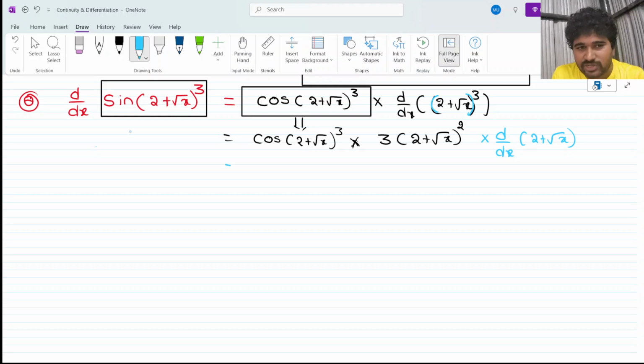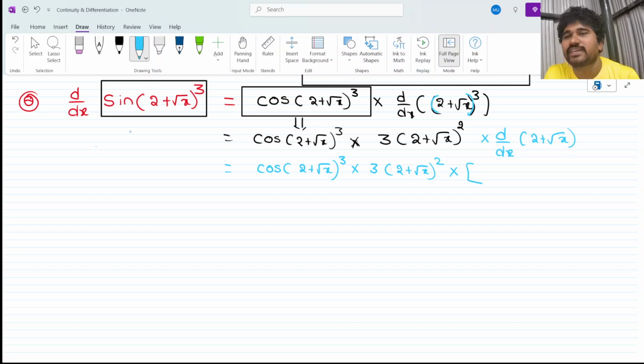Now is equal to, what will you get? Tell me. Cos of 2 plus root x whole cube into 3 into 2 plus root x whole square into, what is the differentiation of this? 0 plus root x is how much? 1 by 2 root x. Am I correct? So I can eliminate this 0.